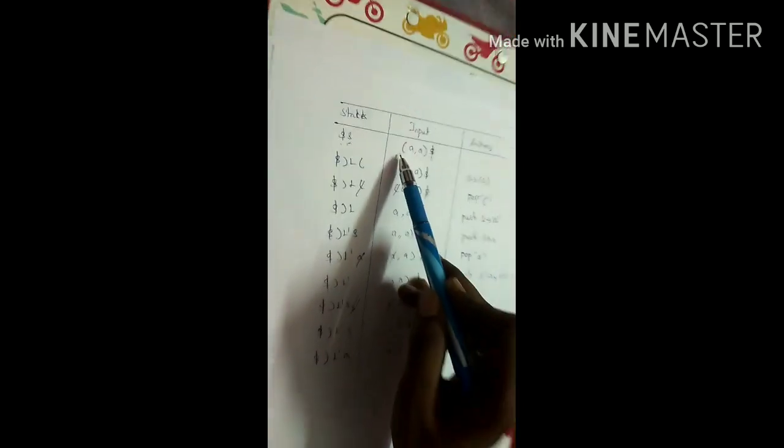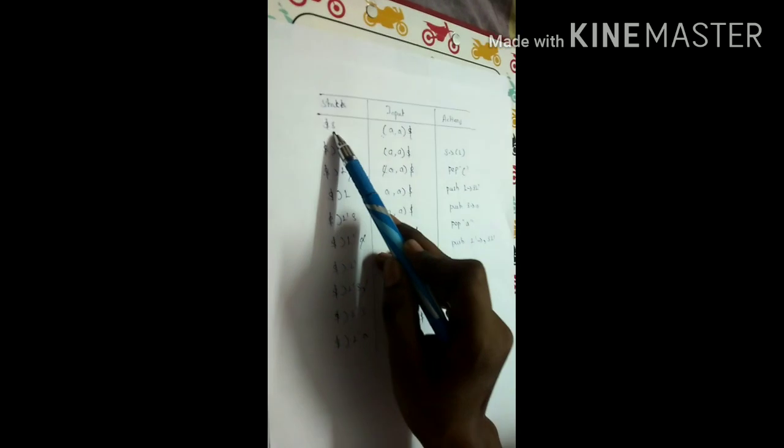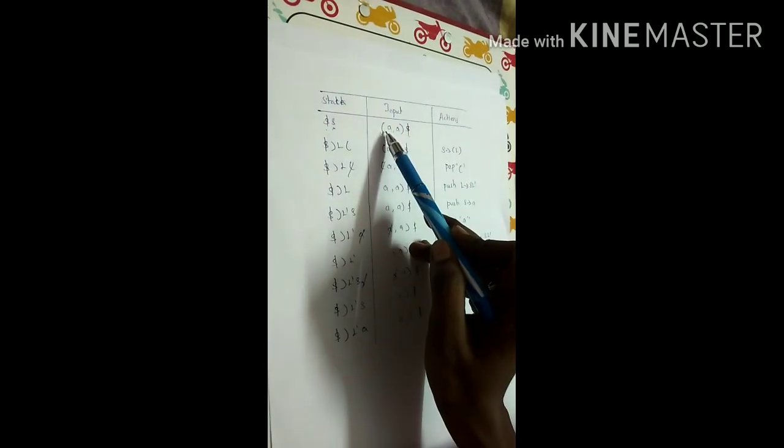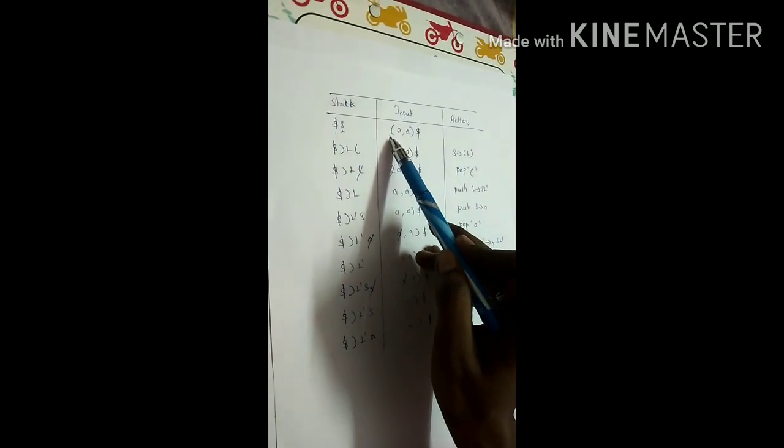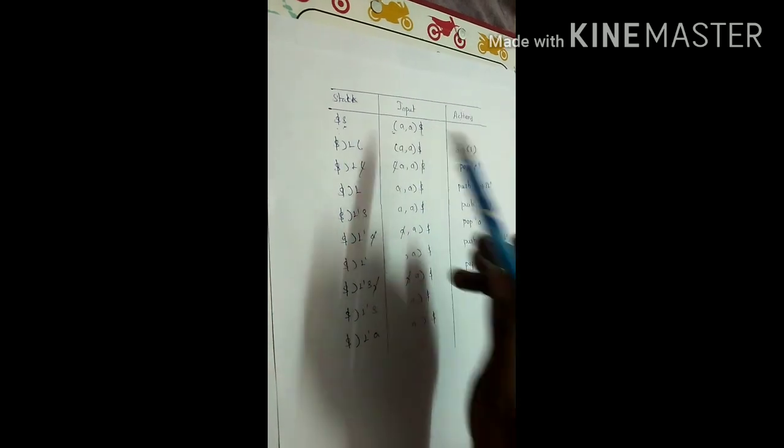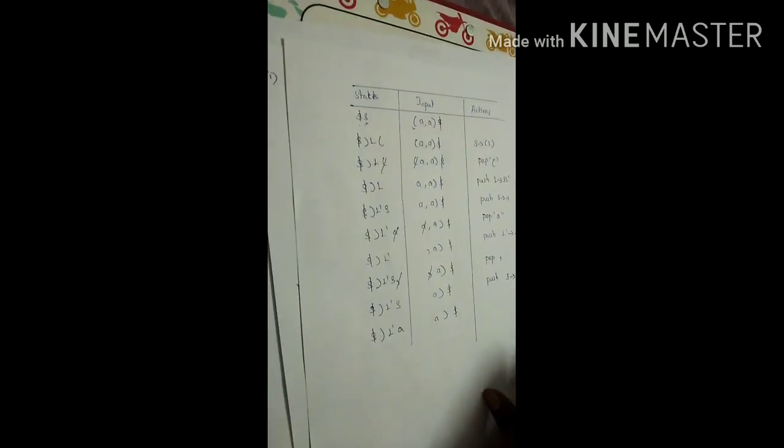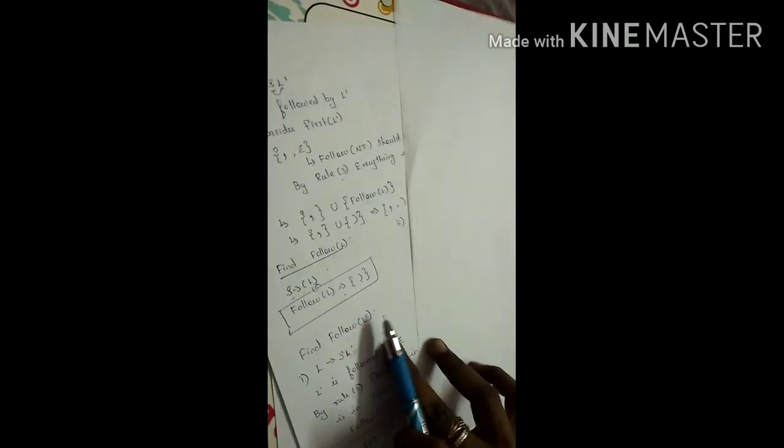We need to consider the symbol on the top of the stack and the first symbol in the input buffer. Here the top of the stack contains the symbol S, and the input buffer contains an open bracket. So to perform the parsing, we need to consult the parsing table.